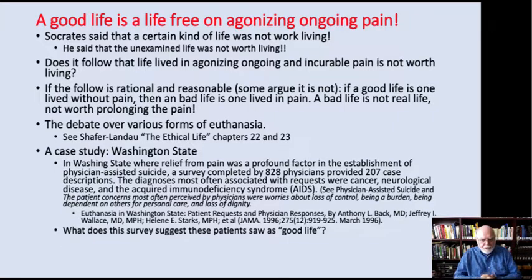And some interesting conclusions came out of it. First, as could be expected, the diagnoses applicable to those who had requested and had the right to ask for physician-assisted suicide were people suffering from cancer, neurological diseases, and AIDS, the vast majority. This is, let me remind myself of the date, 1996.